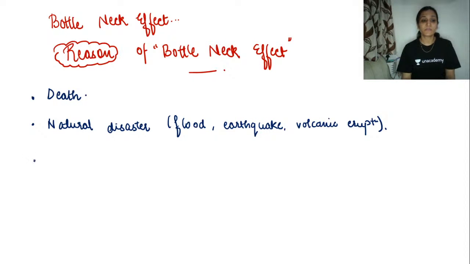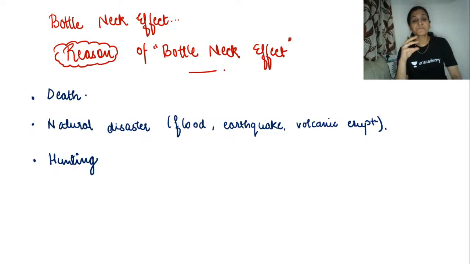Then hunting: random hunting can also lead to the bottleneck effect. Imagine all the tigers are hunted for poaching and just some of them are left.